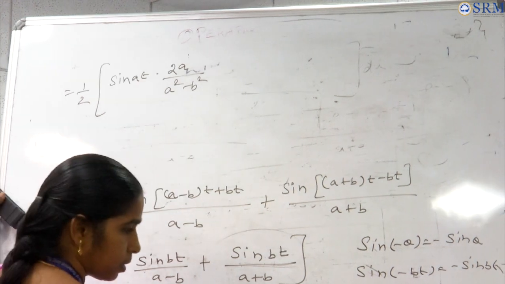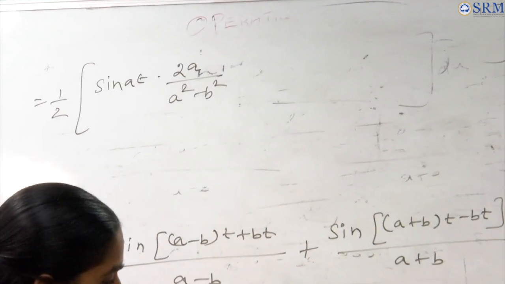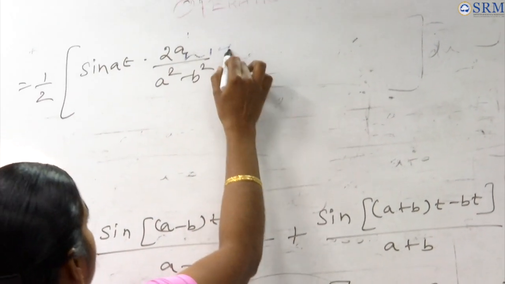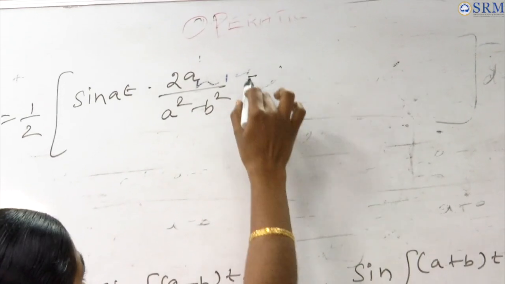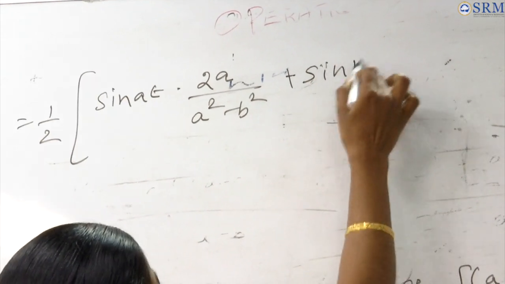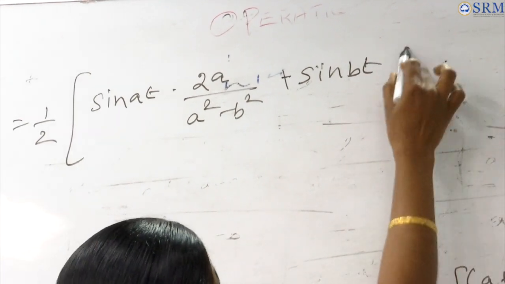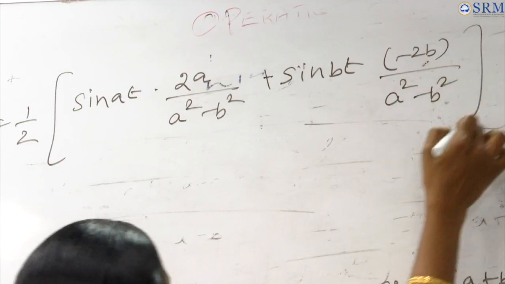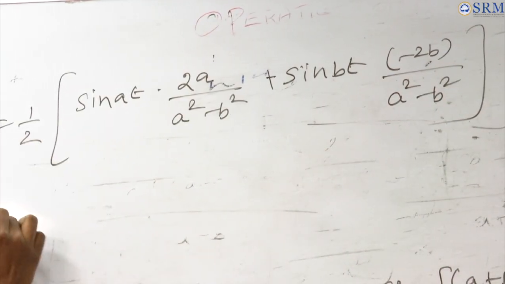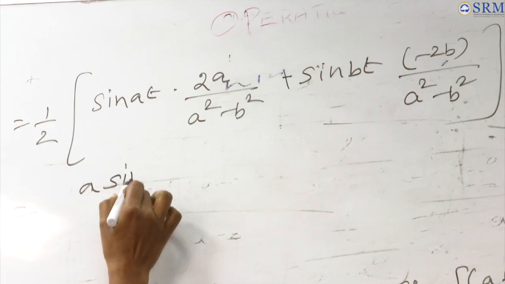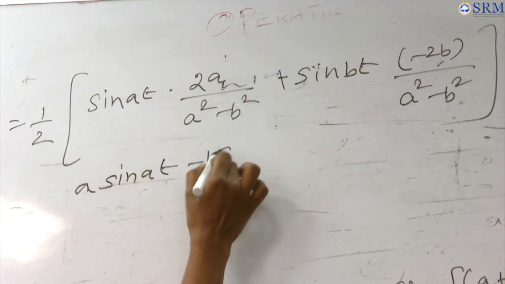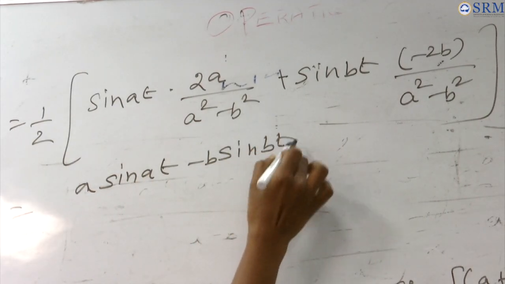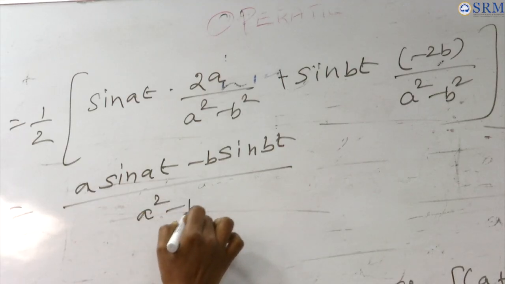The next is minus 2b sin bt divided by a square minus b square. So 2 also cancels, and the final result is a sin at minus b sin bt divided by a square minus b square.